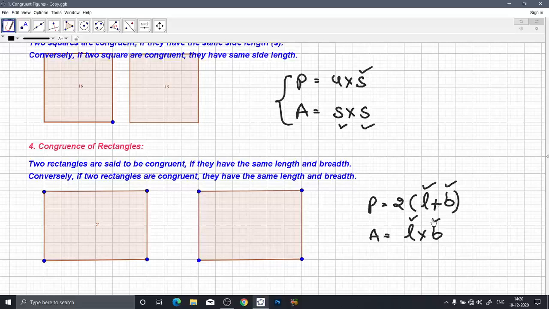So according to the formula, we can tell which variable should be the same to become congruent. Here S is the variable, so in both squares S should be the same, then they will be equal. For rectangles the variables are L and B, so in both rectangles, both length and breadth should be the same to become congruent to each other.